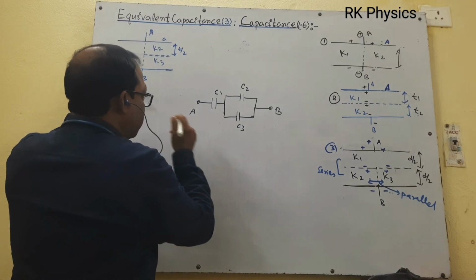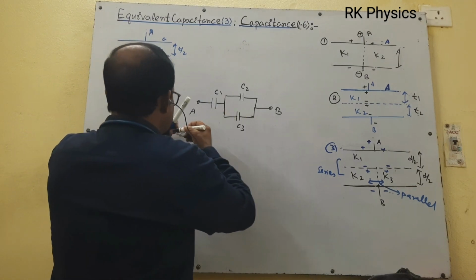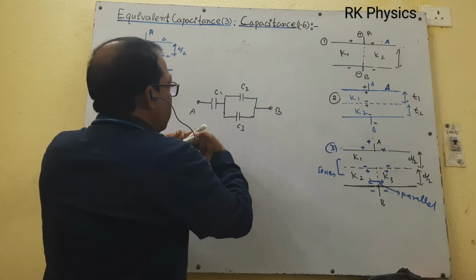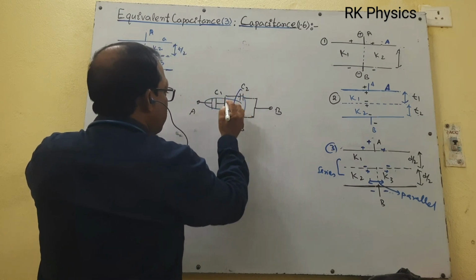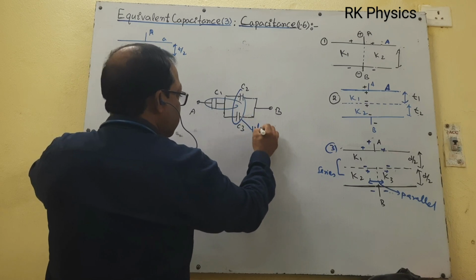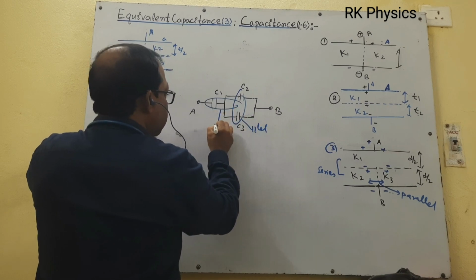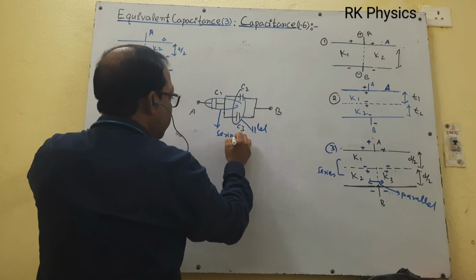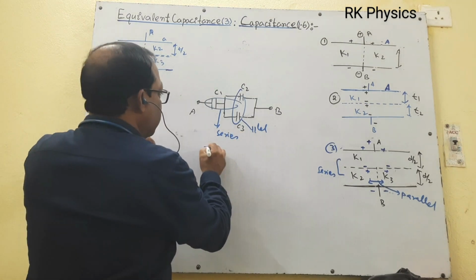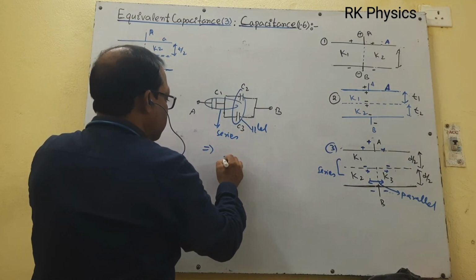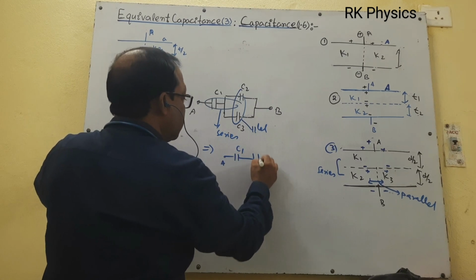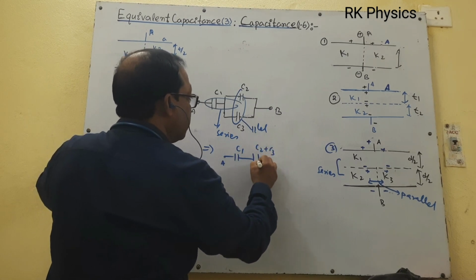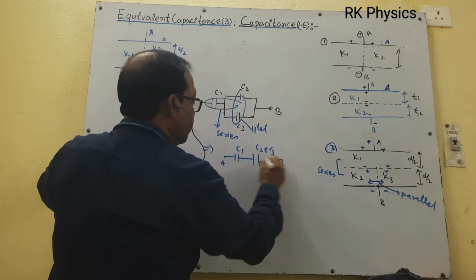C2 and C3 are in parallel, and finally these two combinations are in series. So the equivalent circuit is: A, then C1, then C2 plus C3, then B.